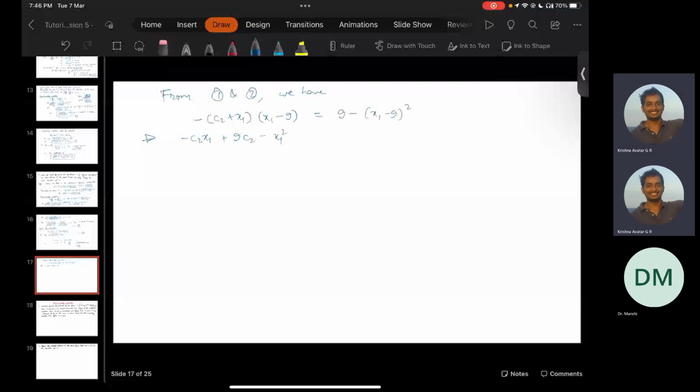So this implies we'll have 9x1 minus 36 minus 9 into 9 minus 36 by x1, and this is equal to 9x1 minus 81. Okay, so we are able to spot a few cancellations.